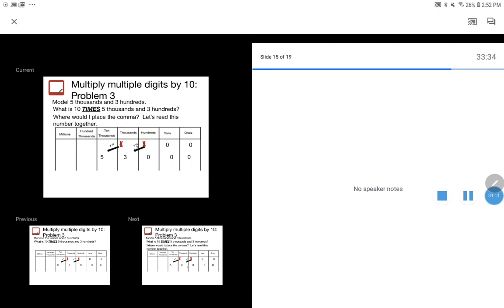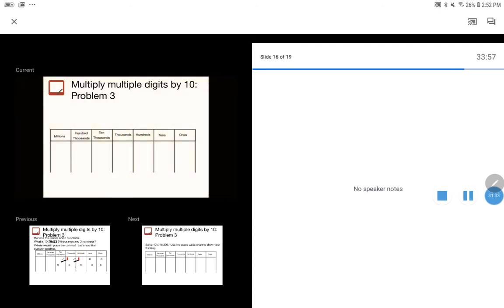Where would the comma go? We forgot to talk about that before you erased. After the 3, it separates the 53,000 from the hundreds, tens, and ones place values. So let's read that number together. What is it again? 53,000. Good.